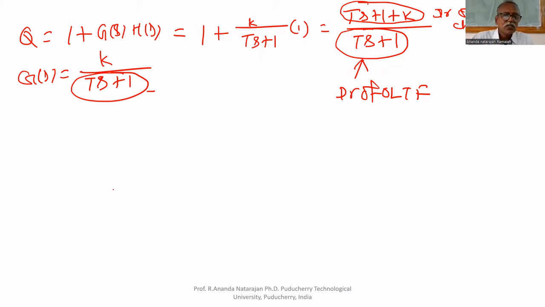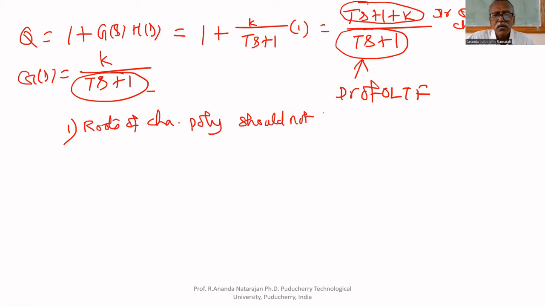All are the same, so I am telling it in three ways. One is that the roots of the characteristic polynomial should not be on the right hand side.